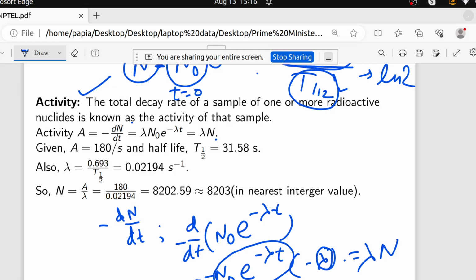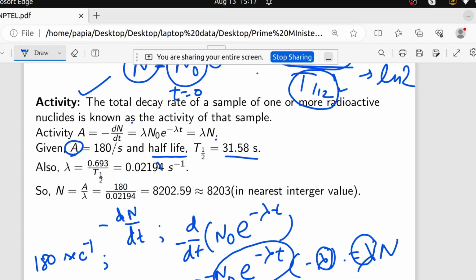In that question it was given that A is 180 per second, and the value of t half was also given, 31.558 seconds. Now we can get the value of lambda from t half, because lambda equals 0.693 divided by t half.